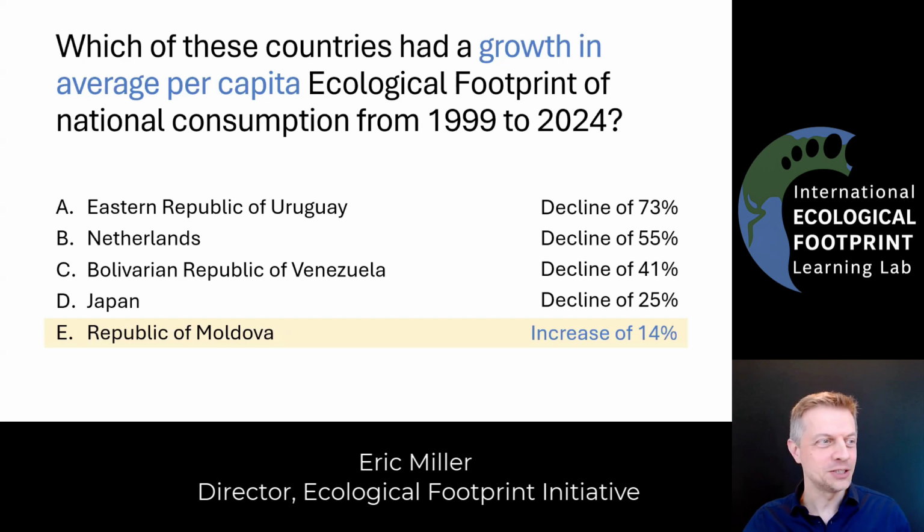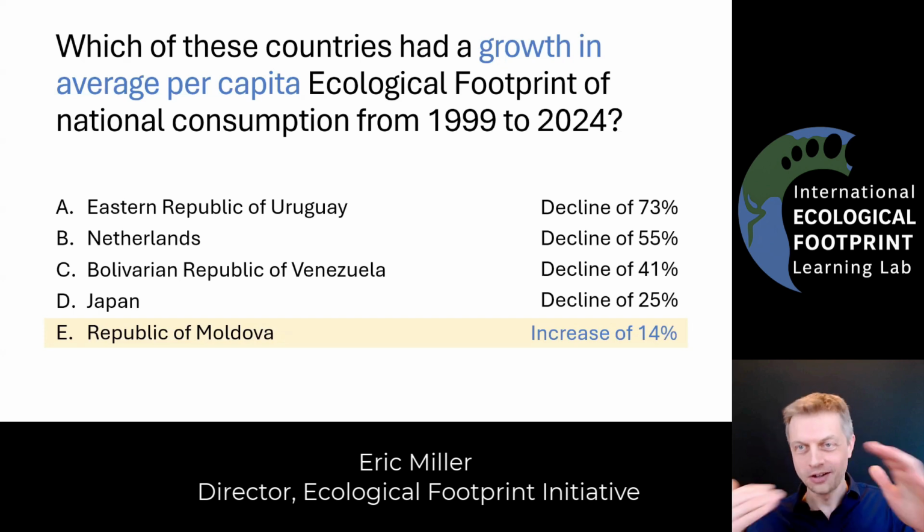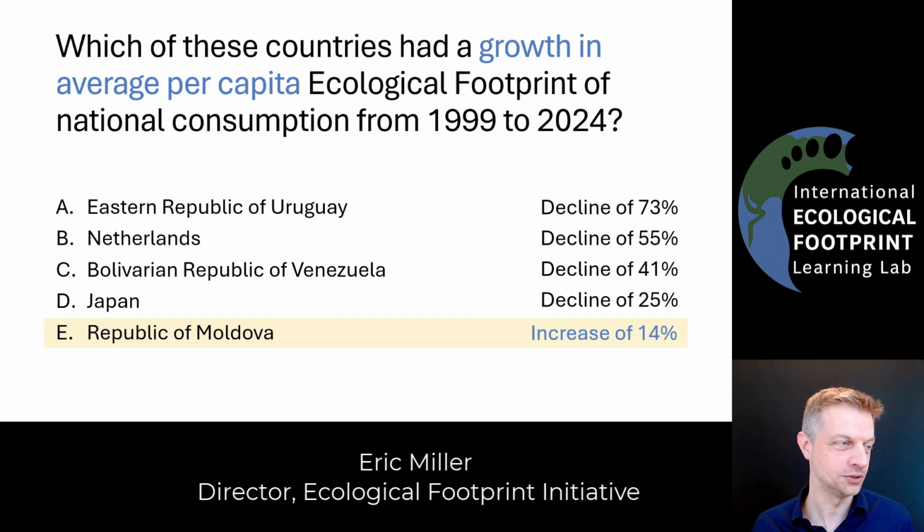And so reflecting on this 25-year period, it's really interesting to profile the variability amongst countries, but also the clustering of the results of changes in ecological footprint of national consumption measured on an average per capita basis and changes on a total basis of the country.